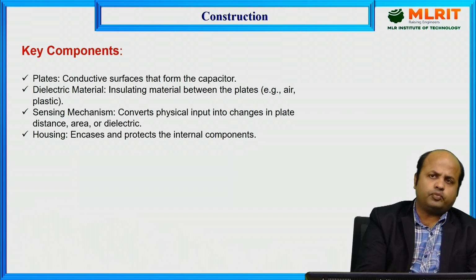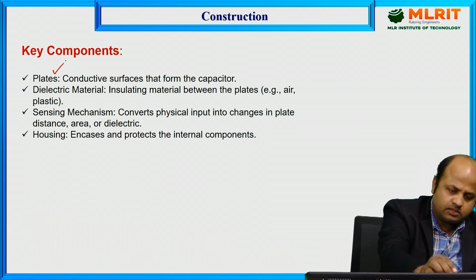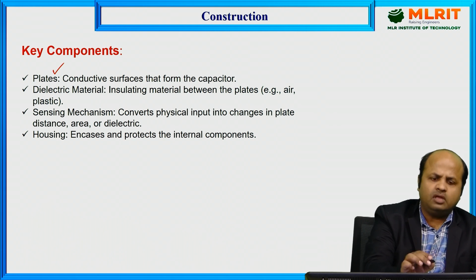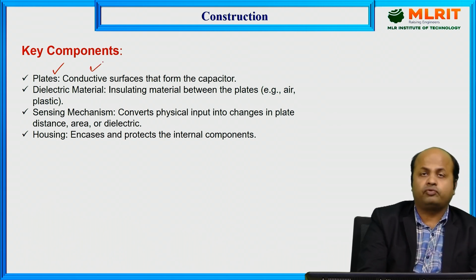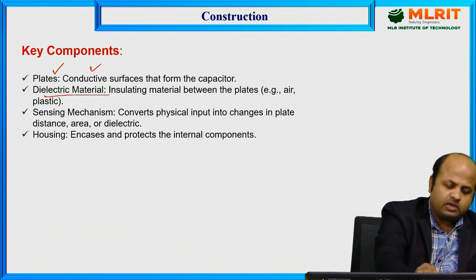So the key components in a capacitive transducer are plates. Plates means metal plates, not plastic or anything else. Metal plates which should be highly conductive. That is the first requirement to make the capacitive transducer. The second requirement is the dielectric material.